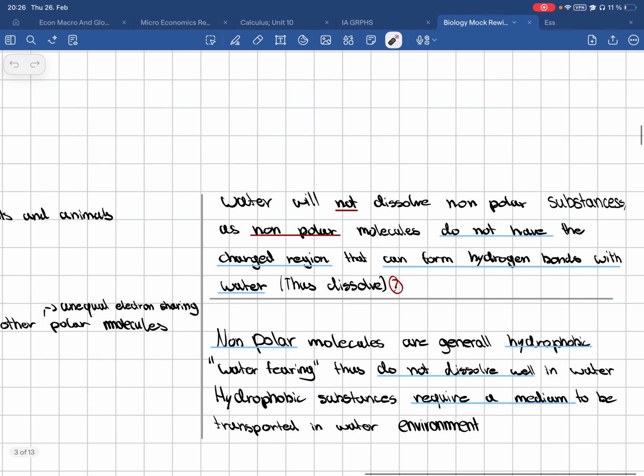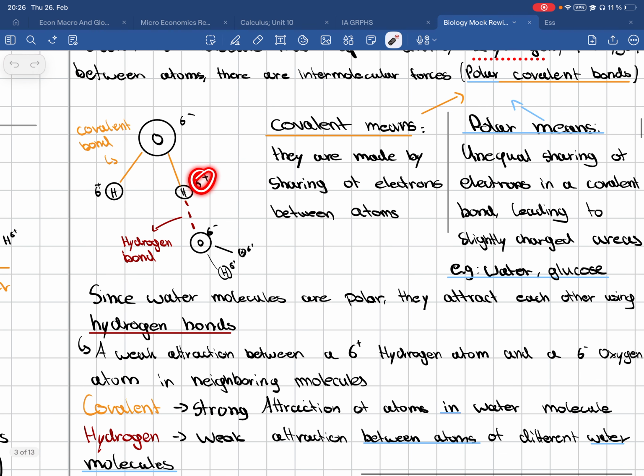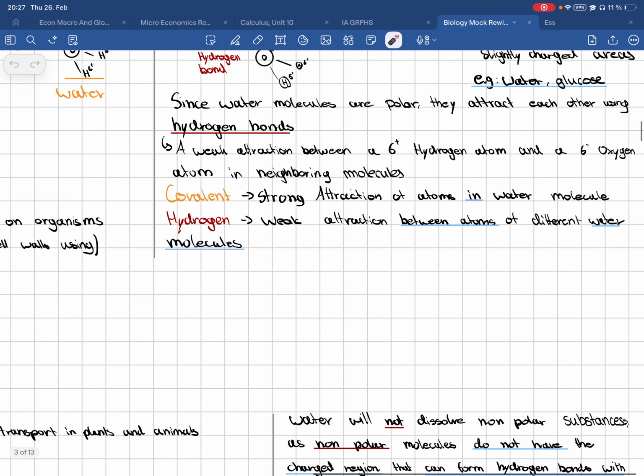Now, water will not dissolve nonpolar substances, as nonpolar molecules do not have the charged regions that can form hydrogen bonds with water. You see how these charged regions cause these hydrogen bonds. A nonpolar substance will not have this, so it won't be able to create this hydrogen bond, you know?